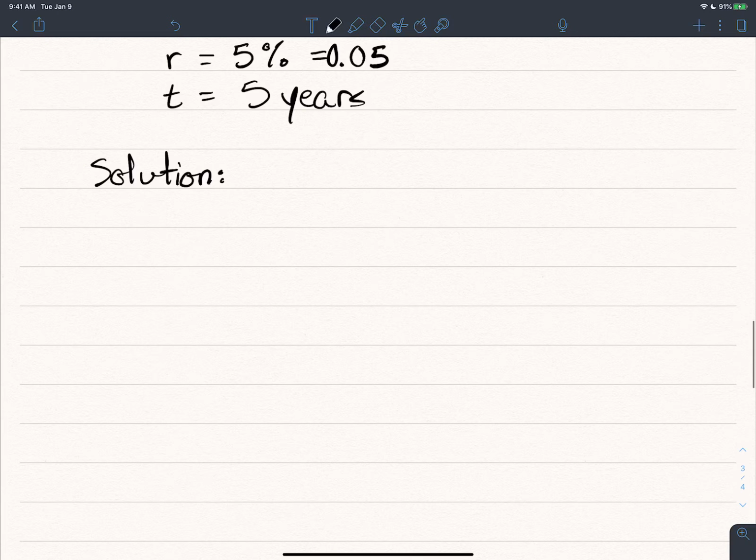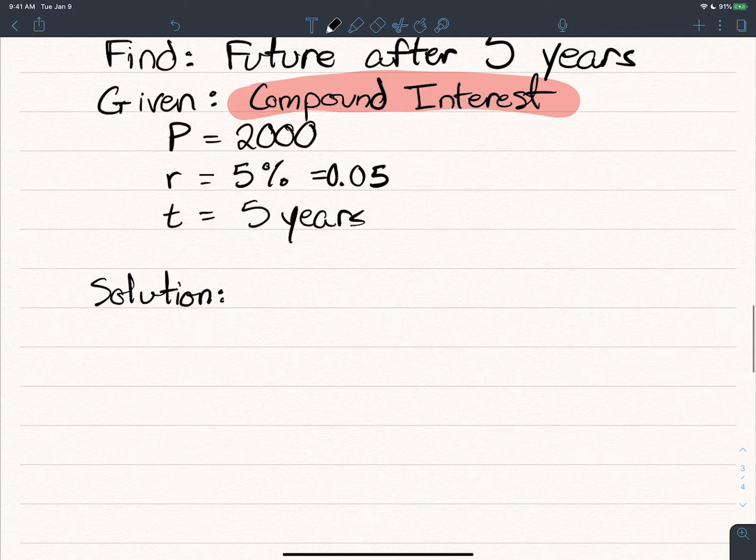So year one, right? What is Afia going to owe? Year one, $2,000, right? Plus, I'm going to put Y1 interest. Now, how do we find the interest for Y1?